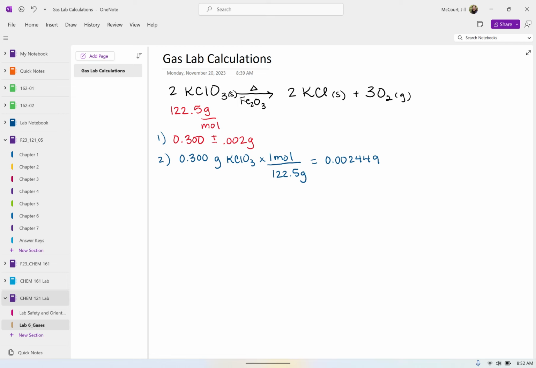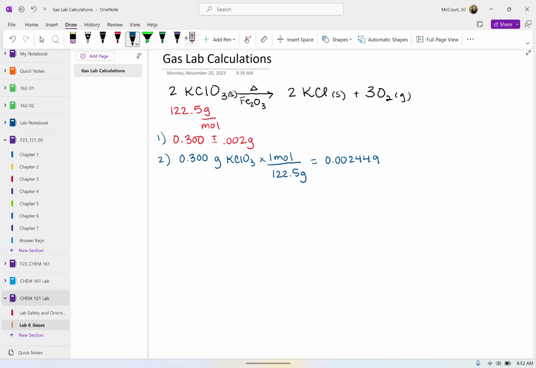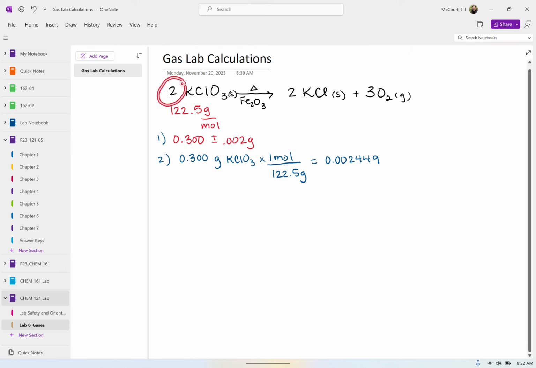So the next thing that we have to do is use the stoichiometric coefficients here to figure out how many moles of oxygen gas we can expect to form given the amount of starting reactant that we began the reaction with.